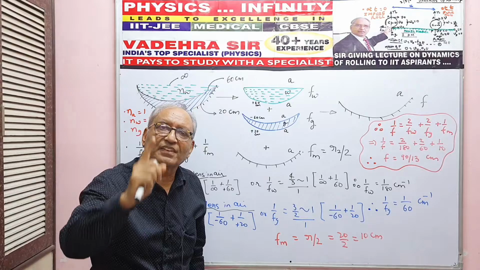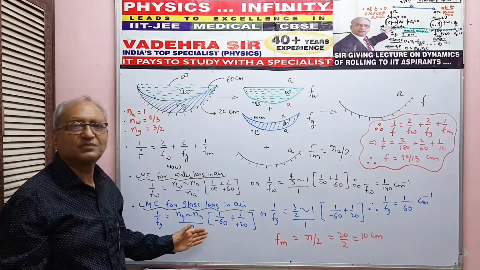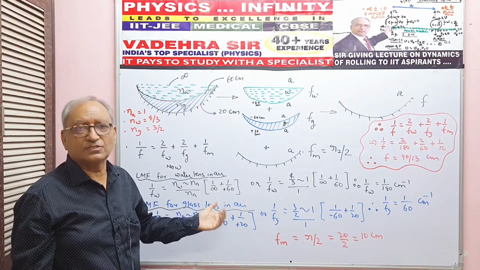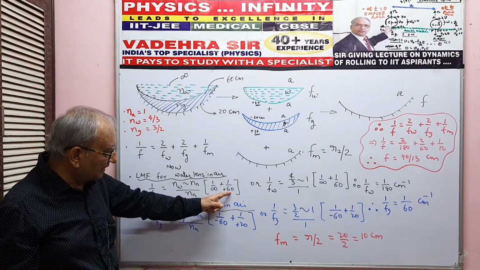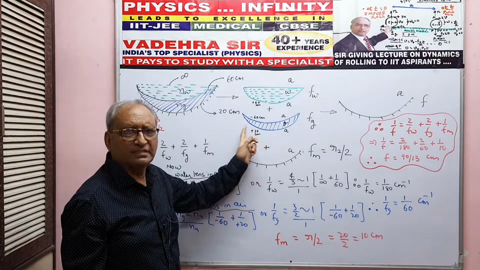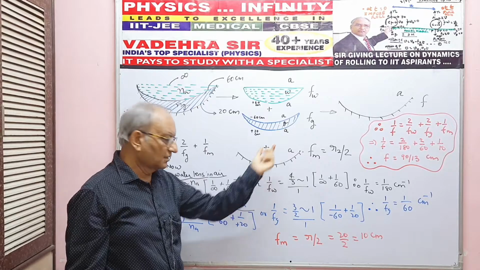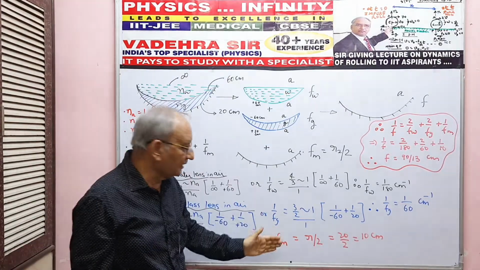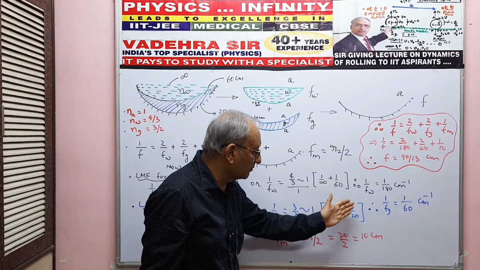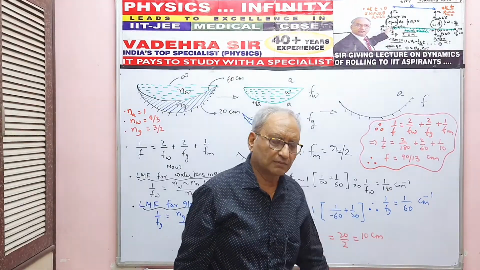A concave refracting surface has a negative radius of curvature. It's a diverging surface. Converging surface is plus, diverging surface is minus. So plus 60 becomes minus 60 here. And this other surface is convex, because glass, air, you will see from here it is convex. So plus 1/20. I put in the figures: 1/FG = (3/2 difference 1)(1/(-60) + 1/20). This gives 1/FG = 1/60 cm^-1.